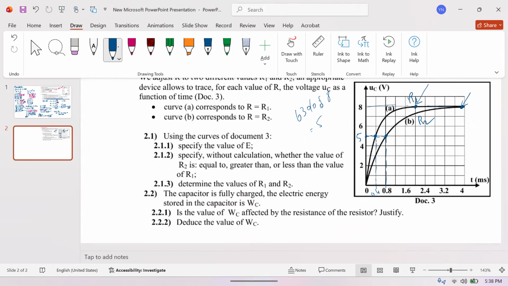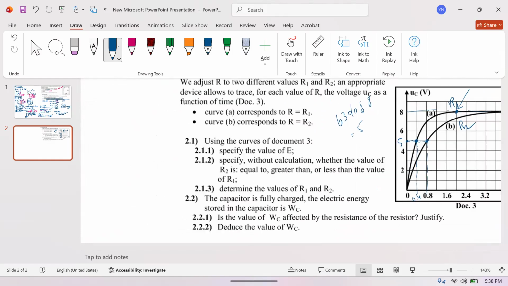2.1.1, specify the value of E. Since both of them have a horizontal asymptote, which is UC equals 8, then simply UC is equal to 8. UC at the steady state is 8, but E is 8 because 8 is the maximum value that the curve can attain.